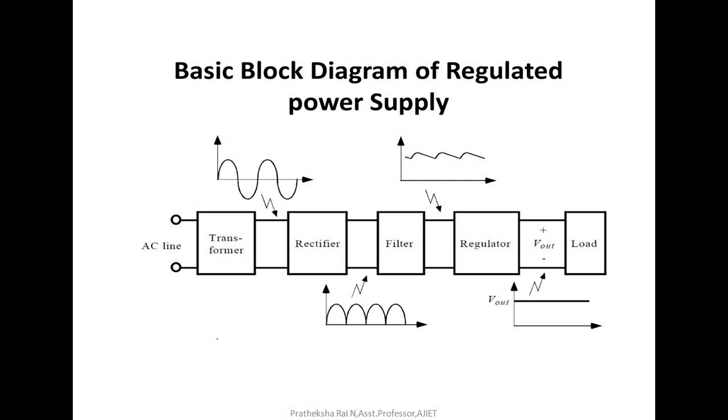Because you know that when there are that much variations in the input, the component will not work well. So it is always better to use DC. The main concept of converting AC into DC is because the electrical appliance has to work fine.